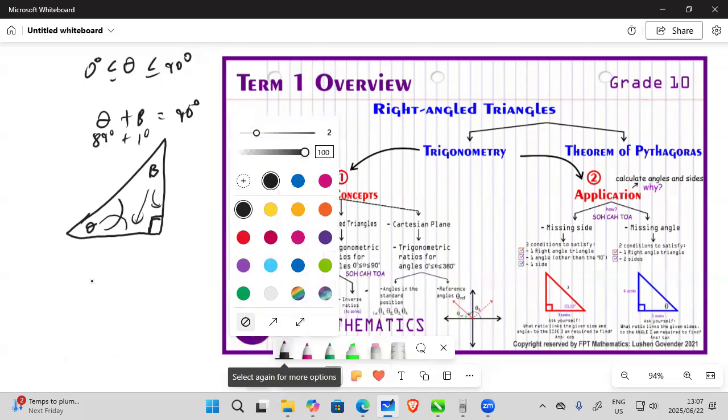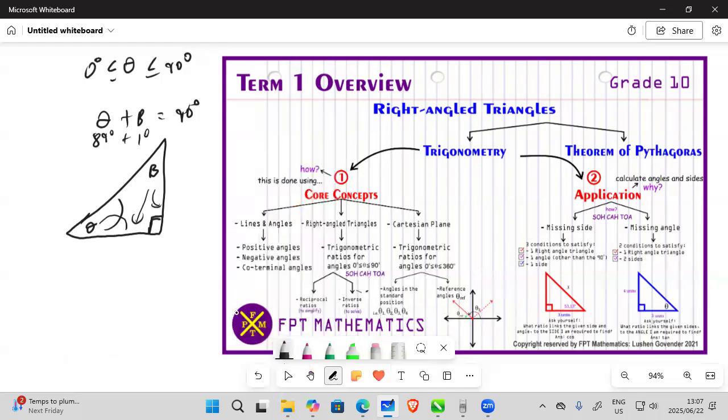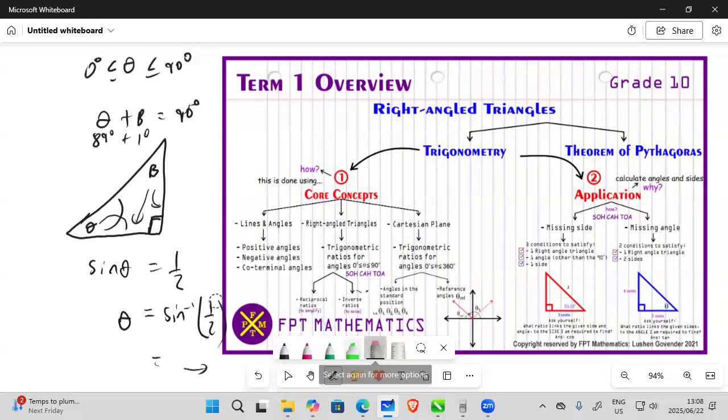The inverse, think about it like the additive inverse, multiplicative inverse. If you have sine theta is equal to half, if you're trying to make theta the subject of the formula, it's like dividing by sine on both sides. But now we say take the inverse of sine on both sides. So it'll be sine to the negative 1 of half, right? Or the inverse sine, or arc sine of half will give you the angle. It'll spit out the angle there.